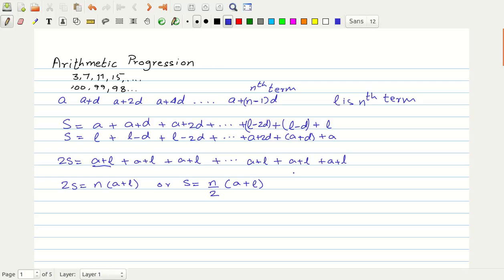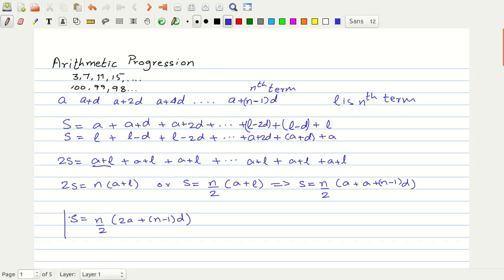Now what is L? L is the nth term, which can also be written as A plus (n minus 1)D. So S is equal to n by 2 times (A plus A plus (n minus 1)D), or S is equal to n by 2 times (2A plus (n minus 1)D).